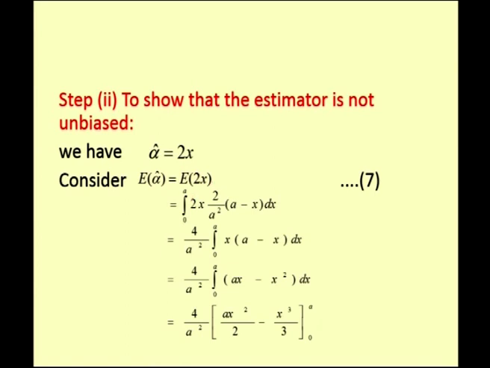You know that expectation of x for a continuous variable is nothing but the integral from minus infinity to plus infinity of x into the density function f of x dx. So here you have expectation of 2x. Therefore, the limit for this given function is 0 to alpha.